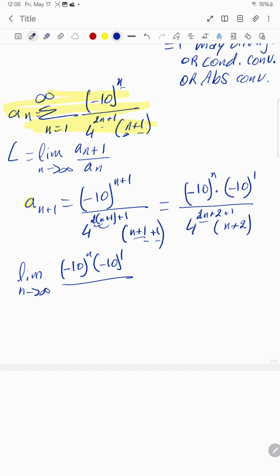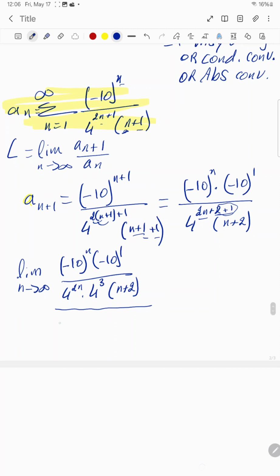I will write it right away. 4 to the power 2n times 4 to the power of 3 multiplied by n plus 2. Because 2 plus 1 is equal to 3 and there is a plus, so I put a multiplication. Divided by a of n, which is minus 10 to the power of n divided by 4 to the power 2n times 4 to the power of n plus 1.